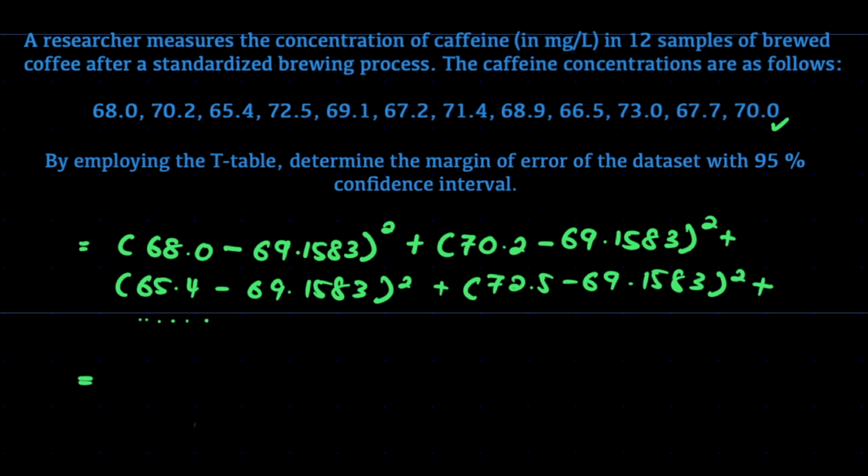You get the summation of this, which is going to be 61.3091. So this is the second step.